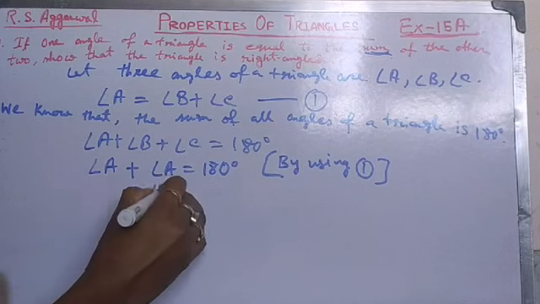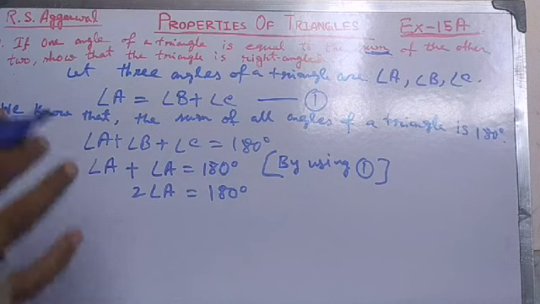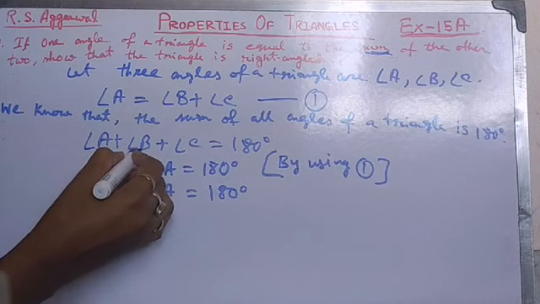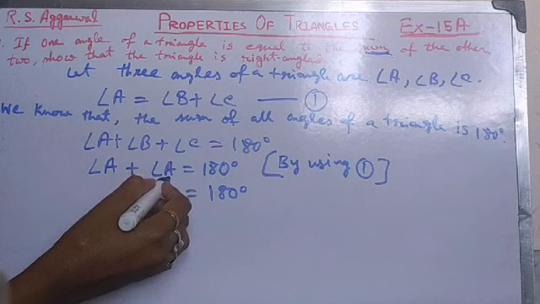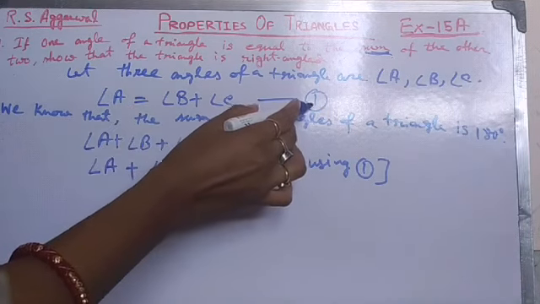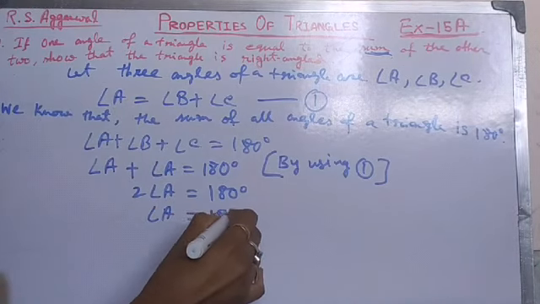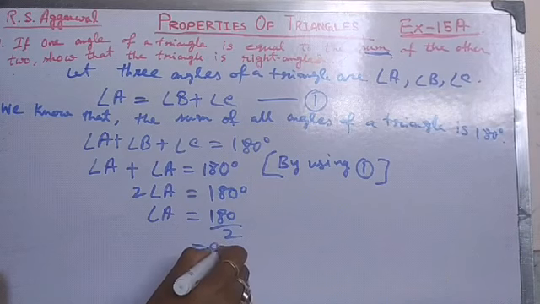So this means 2 into angle A equal to 180 degree. Here I repeat once again, in the place of angle B plus angle C, I put angle A by using equation 1. Then angle A equal to 180 by 2, that means 90.